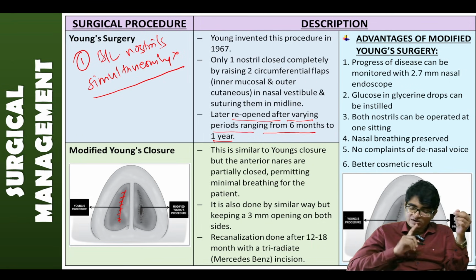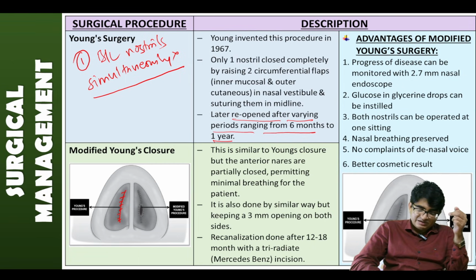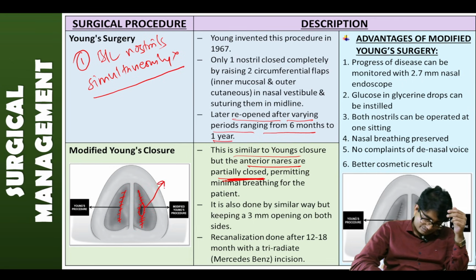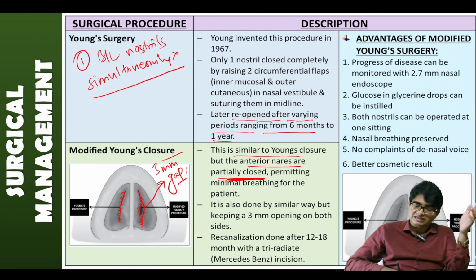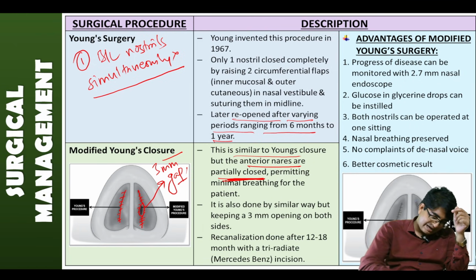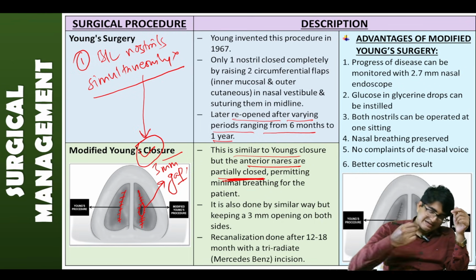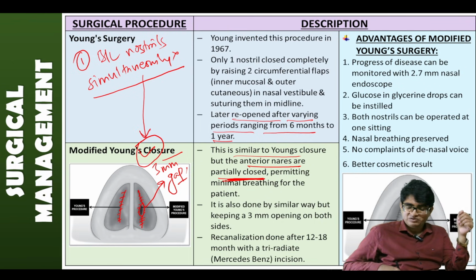Whereas in modified Young's operation, it is similar to Young's, but the anterior nares are partially closed. Partially closed means there is a 3 millimeter gap in the anterior nares on both sides, and here we can do the bilateral nostril closure simultaneously.